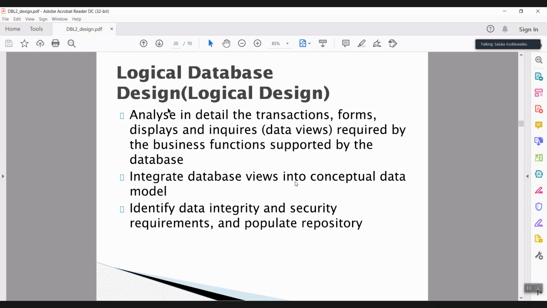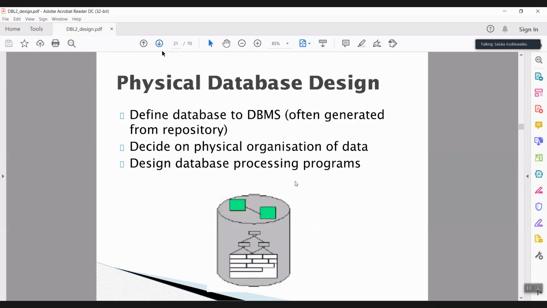For example, in a relational model, a particular table may be accessible only by a particular set of users, and those kinds of things should be considered. We will talk more about the physical database.